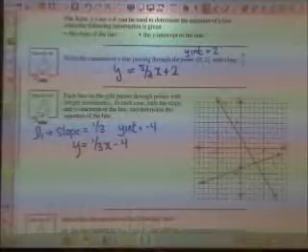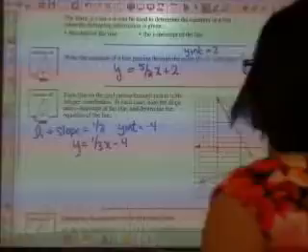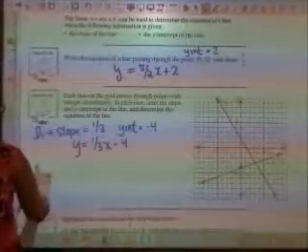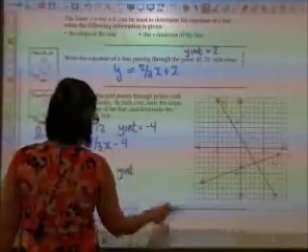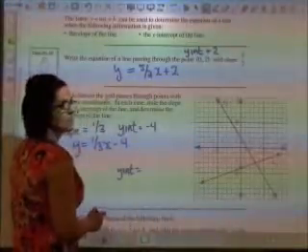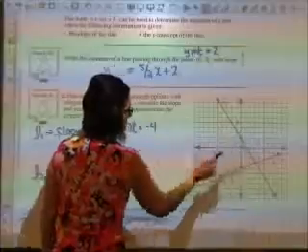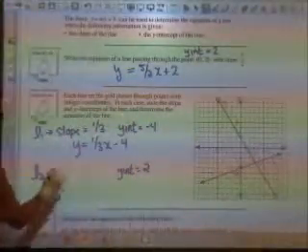I want you to do line 2. Okay, so if we look at L2, what is the y-intercept of L2? Where does it cross the y-axis? At 2. And what is its slope?